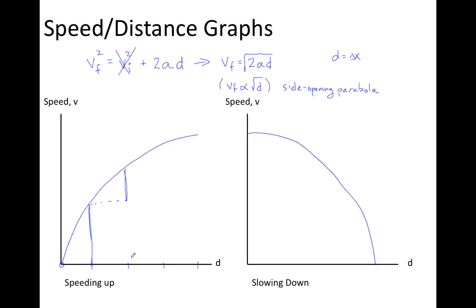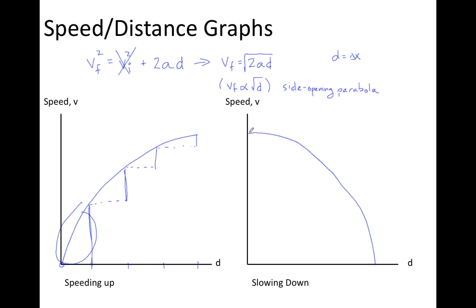The change in a given meter or some sort of distance becomes less and less. So as you're speeding up, the biggest change in speed per meter or per foot is going to be the largest in the beginning of the graph.